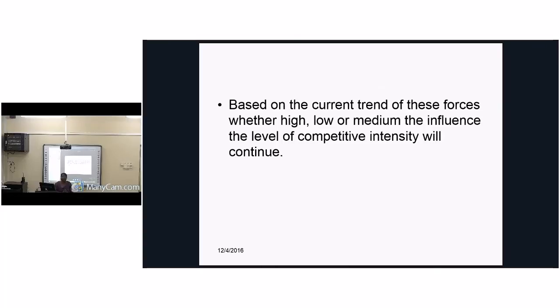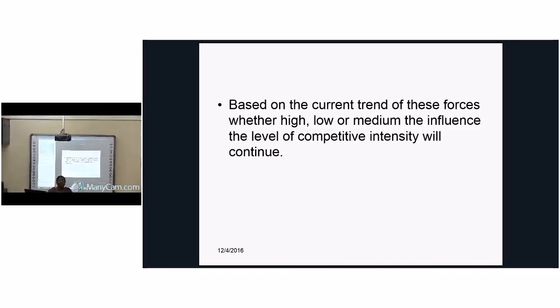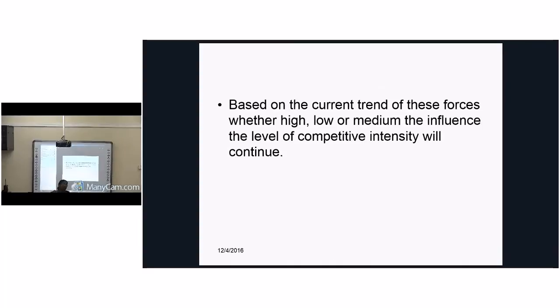Sometimes it will continue or collapse. If the power of these 5 forces is low, competitive intensity can continue.